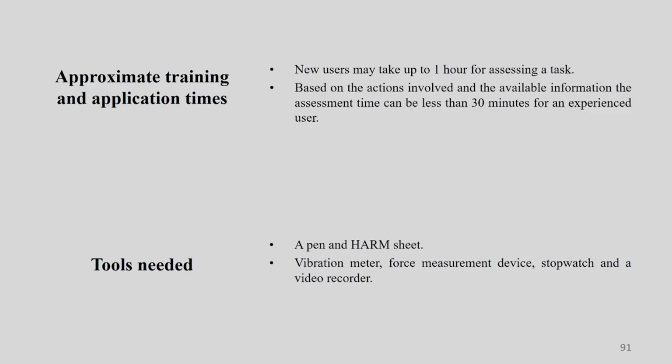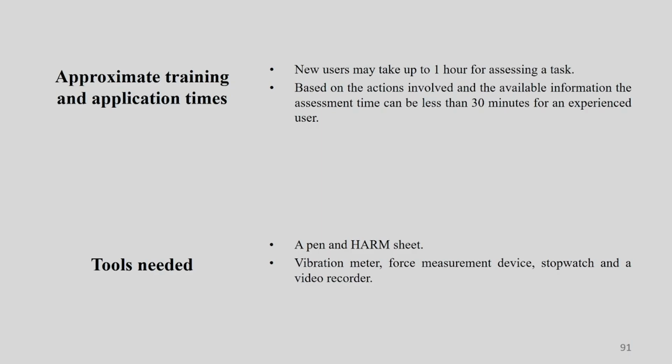So what is the approximate time? New users may take up to 1 hour for assessing this particular task. Based on the actions involved and the available information, the base assessment time can be less than 30 minutes for an experienced user. So what do you need? You need pen and paper, and if you have software like an online version available, whatever information you collect with pen and paper you can transfer to it and it will give you the final results.